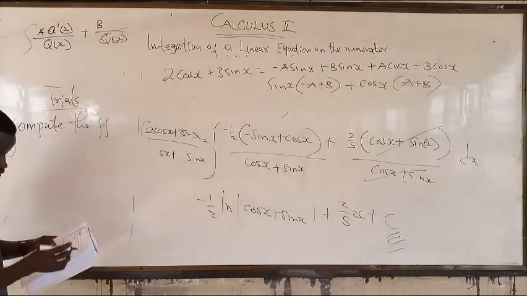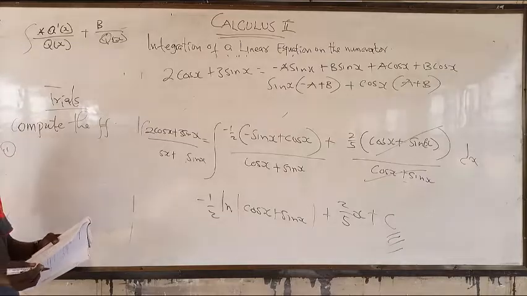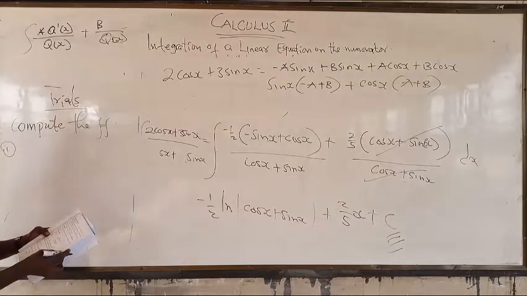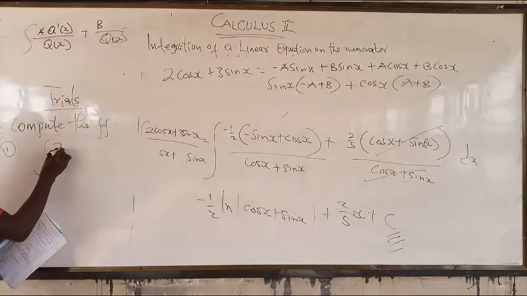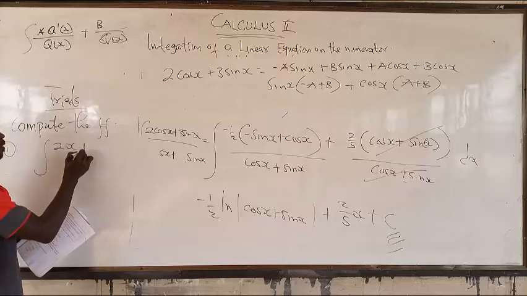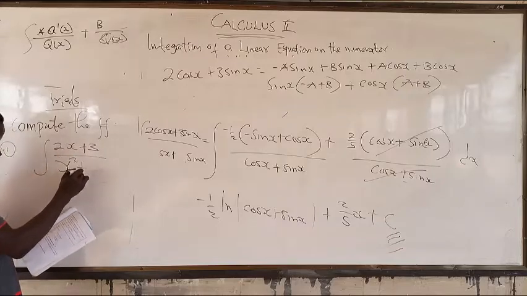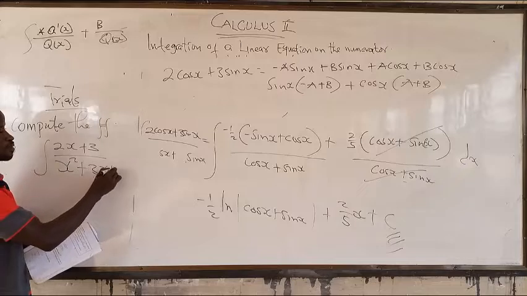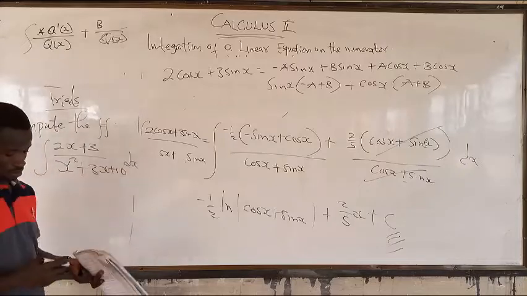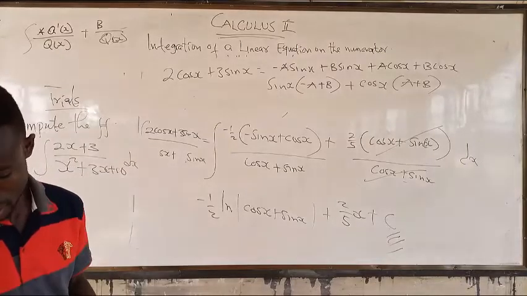Alright, so let me give you only two questions. You have to go and try on the integral of 2x plus 3 over x squared plus 3x plus 10 dx. Go and try on this.